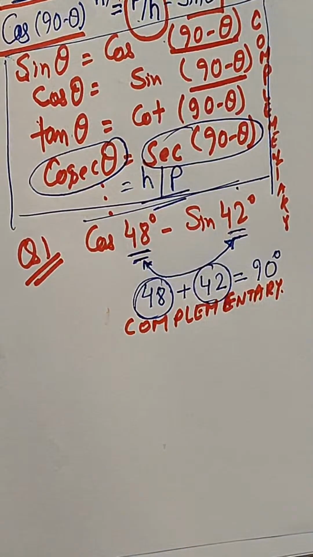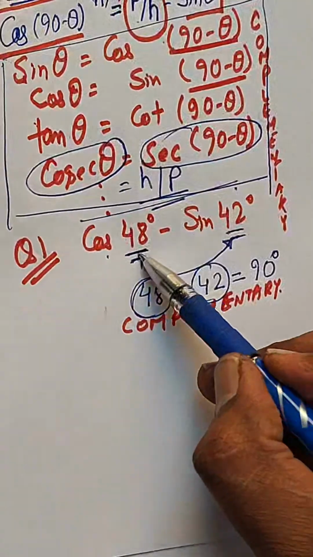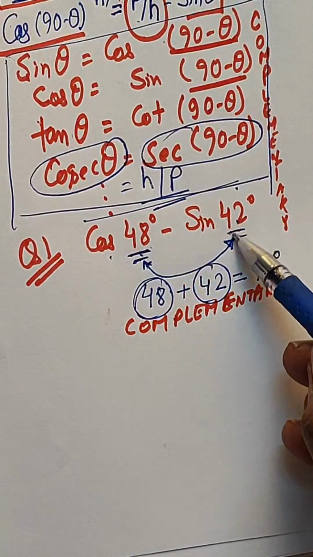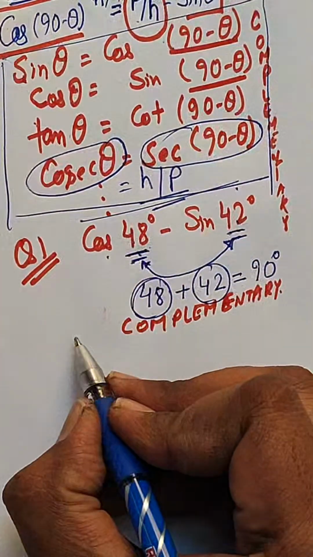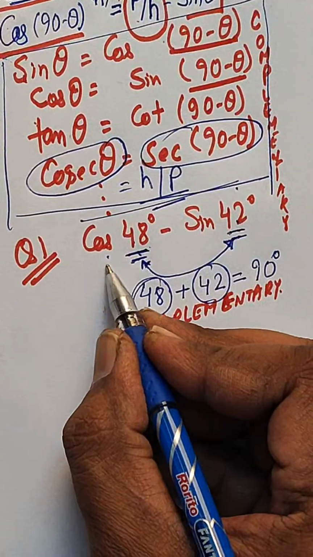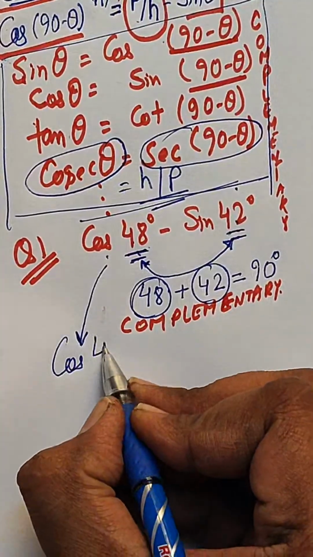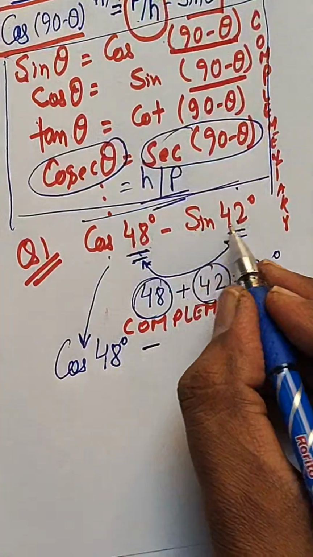So now we can use this concept. You can use it for either 48 or 42, but any of these angles can be changed into its complementary, right? If you consider 48 as it is, then this cos 48 can be written as it is, and minus sine 42.